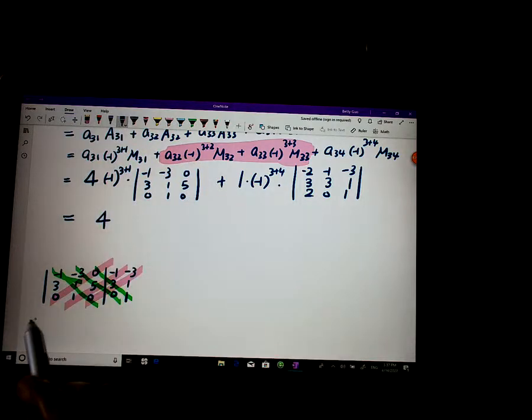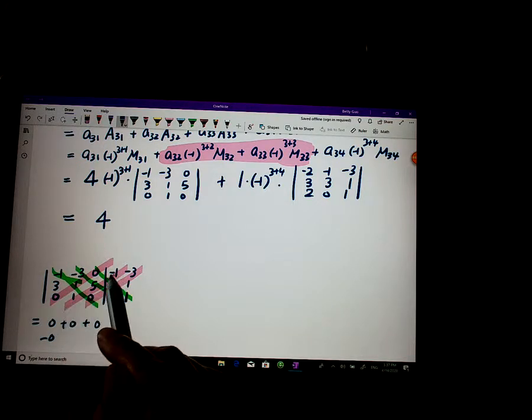So let's see what we have. The green one, 0. Second green line, 0. Third green line, also 0. Okay, so pink line, 0, minus 0. Pink, this one is -5, but we change the sign because for the vice diagonal direction, we take the opposite.